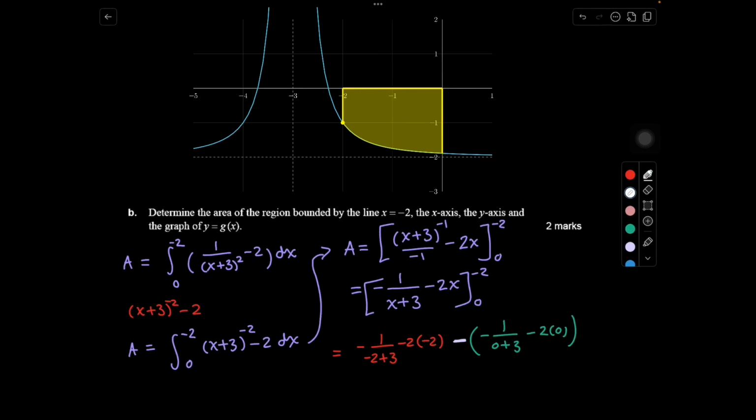So now you can see how this leaves us with -1. The bottom here becomes +1, so that's -1 over 1. This becomes +4. This becomes, let's see what this bracket becomes. This is -1/3. This is 0. So -1/3 in that bracket. And then this becomes plus.